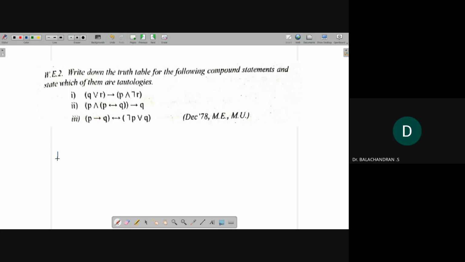P, Q, R, and then negation R also, and then Q or R, and then P and negation R, and then Q or R implies P and negation R.